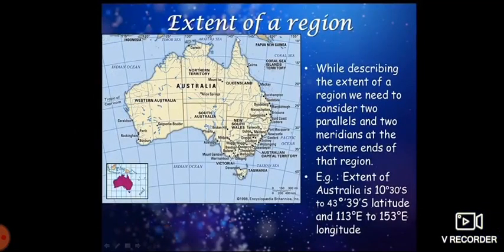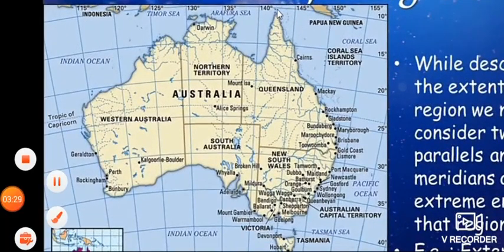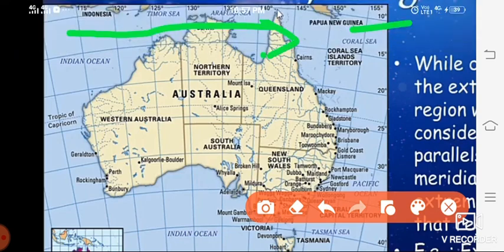Okay, so see here, the extent of Australia is, now I'll just zoom and show you. You can see here 10 degree, yes or no, above, and from this side we have 115 degree, 120 degree, 125 degree. Is it going this side, to our left hand side?